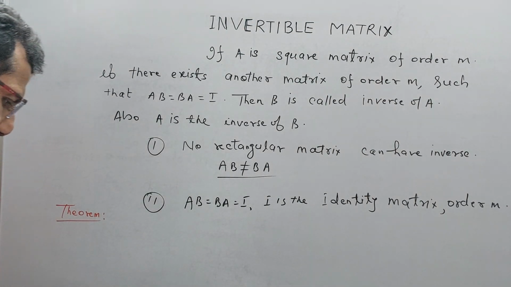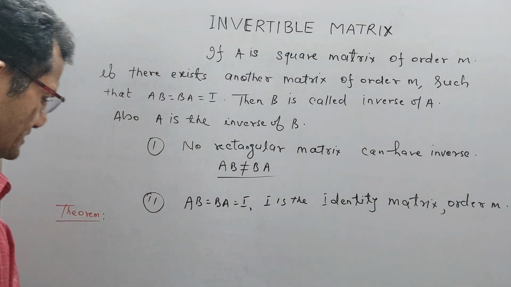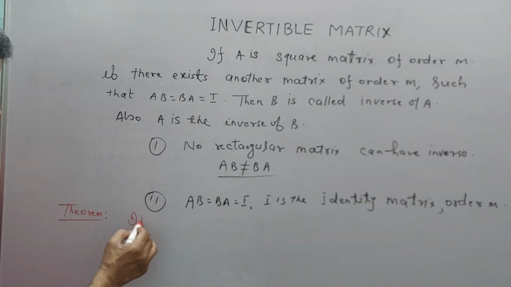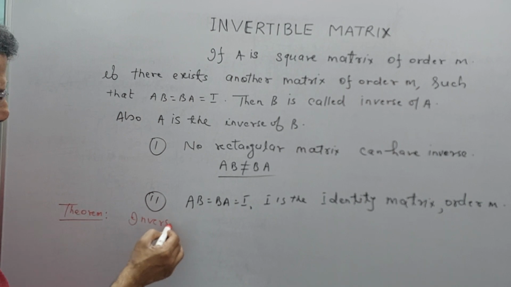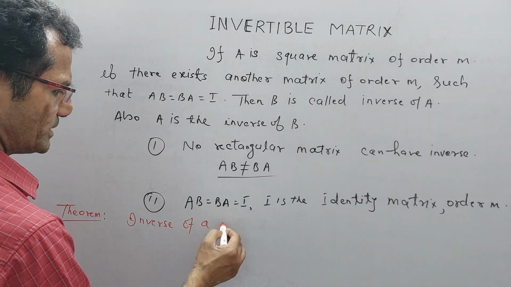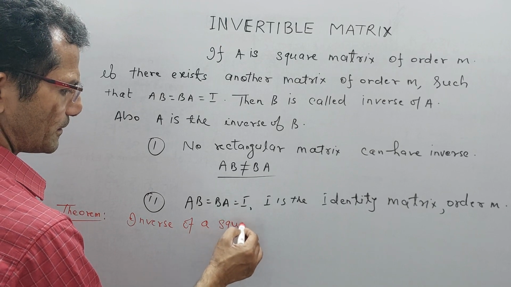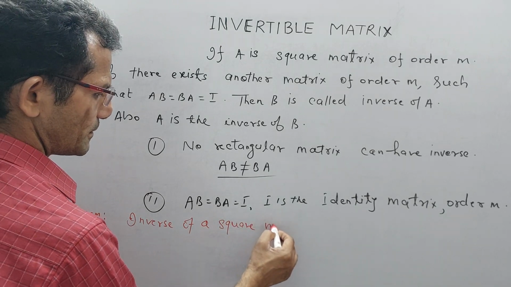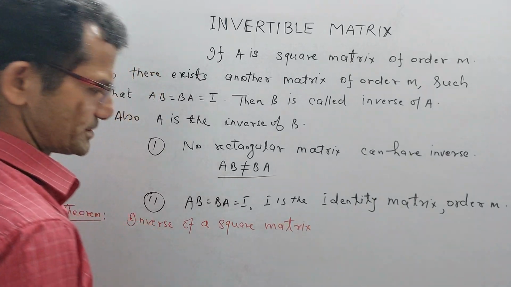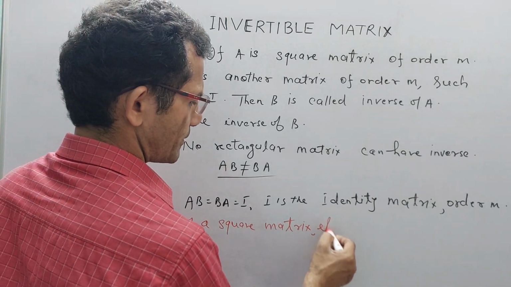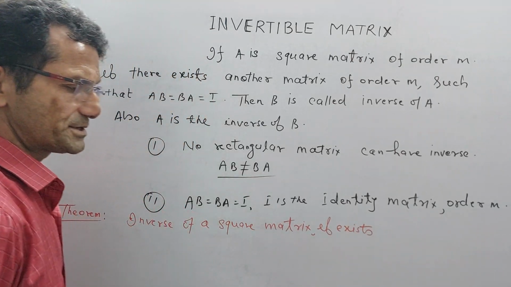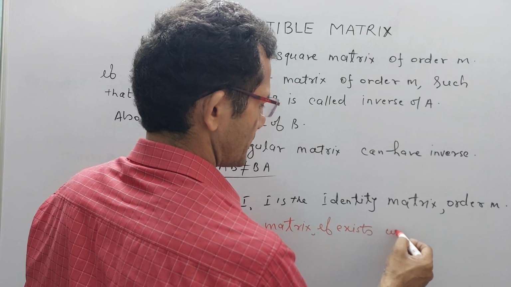The theorem is: inverse of a square matrix, if it exists, will be unique.